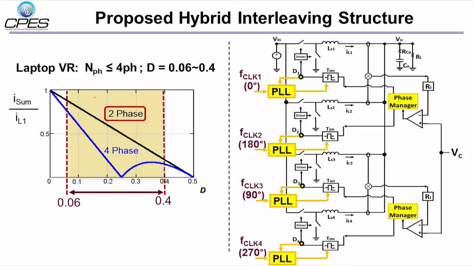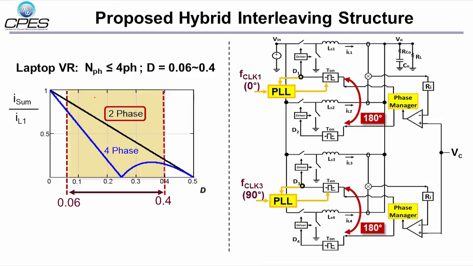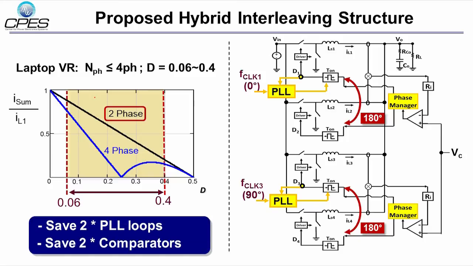Besides, the phase manager automatically provides 180-degree phase shift between phase 1 and phase 2, as well as phase 3 and phase 4. Then 2 PLL loops can be removed. So finally, the circuit is much simpler since it saves 2 PLL loops and 2 high-speed comparators.